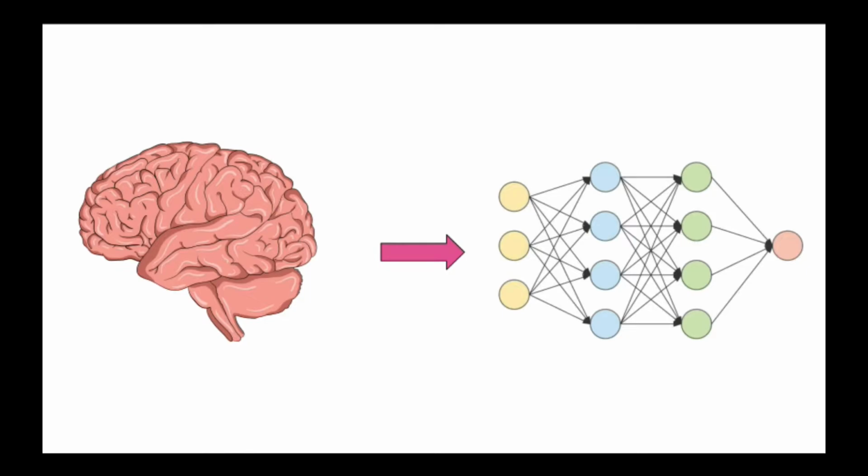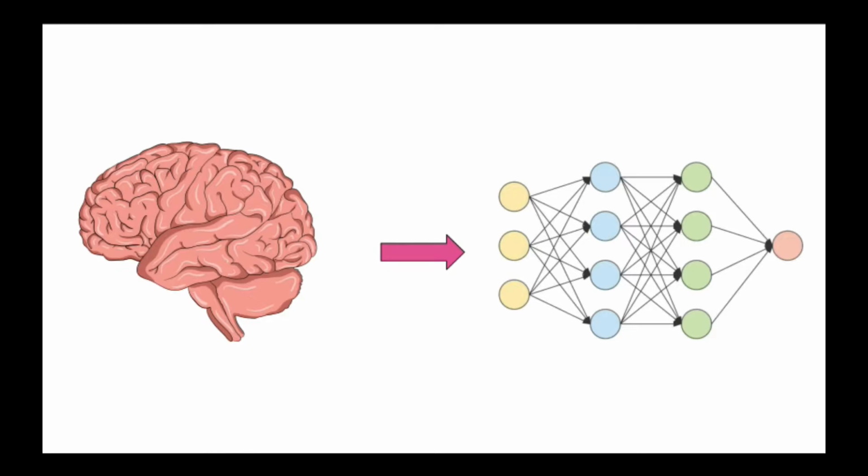Neurons, simply put, are made of cells, but they also have a lot of connections to other neurons called synapses, and that's how your knowledge is stored. It's stored in the connections between each of the neurons.